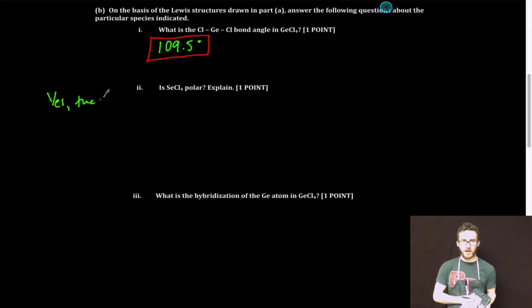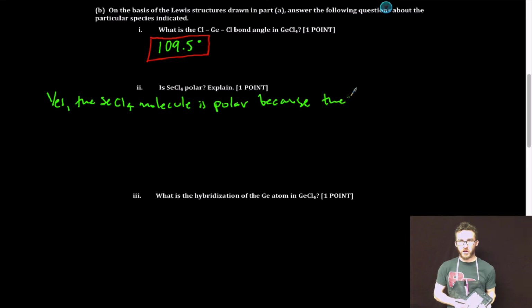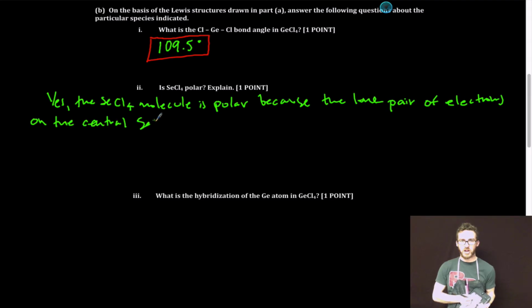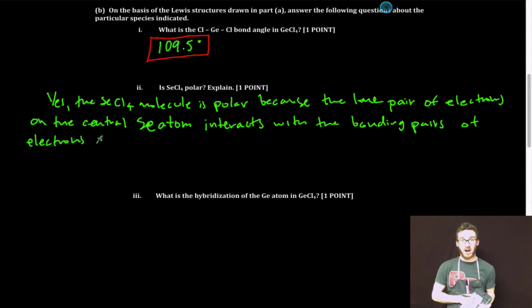Yes, the SeCl4 molecule is polar, because the lone pair of electrons on the central Se atom repels with the bonding pairs of electrons, causing a spatial asymmetry.